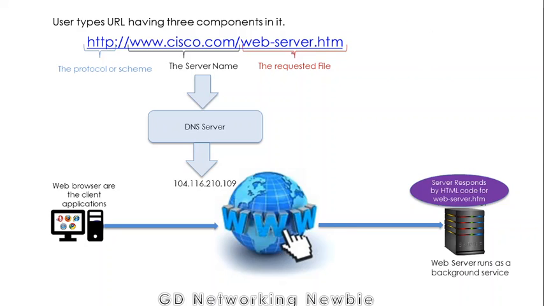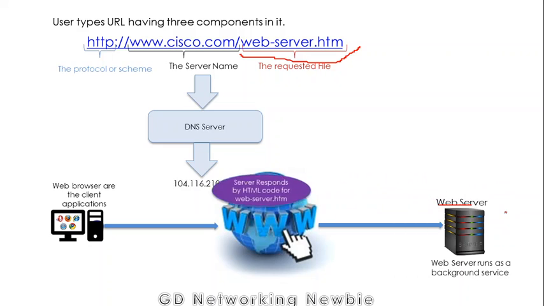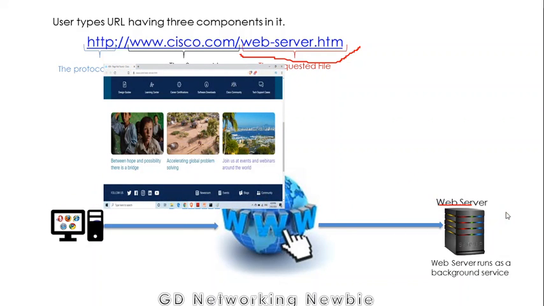After receiving the request at this server node, the server node provides the HTML code for this page. Now this page is sent back to the client, and when the client receives the HTML code, it displays the web page with the help of the HTML code on the browser, and we can see something like this in our browser.